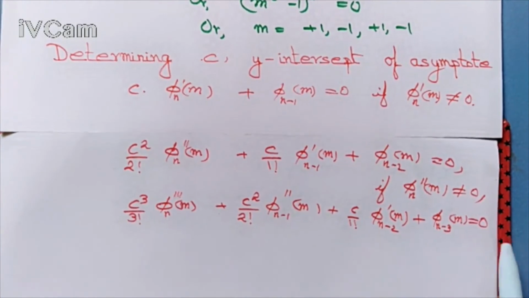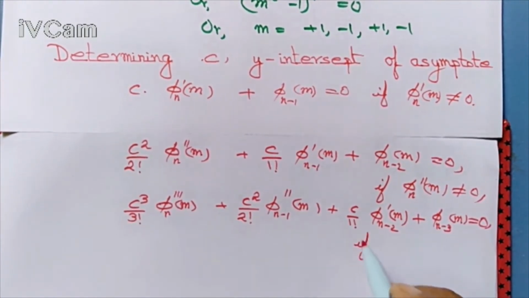Of course, again it depends on the criterion, if phi n triple prime (m) is not equal to 0.